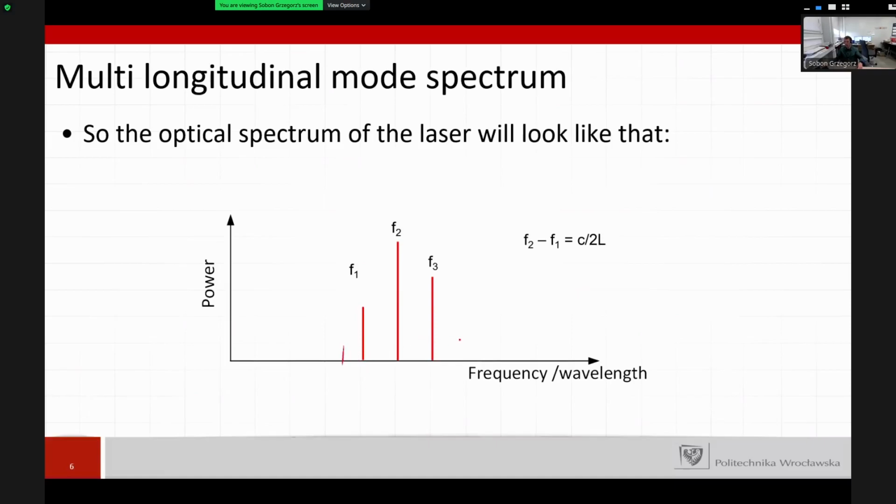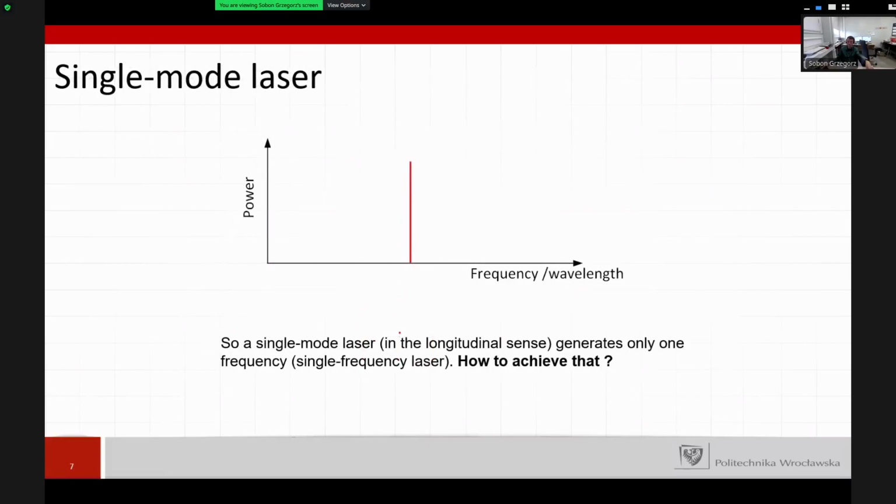Probably there are some more lines visible there, but in our case here we have 3 longitudinal modes. So to summarize, a single frequency laser will generate only 1 longitudinal mode.